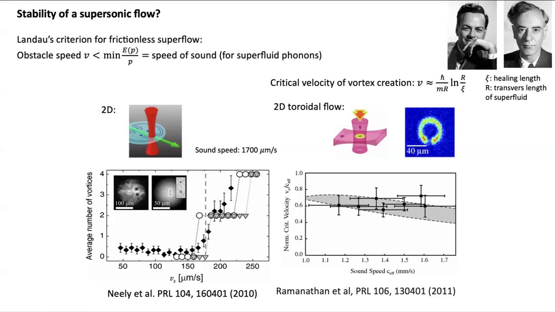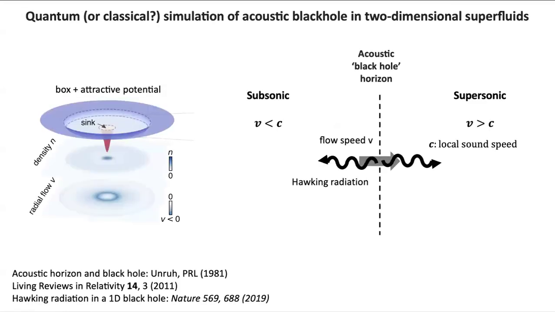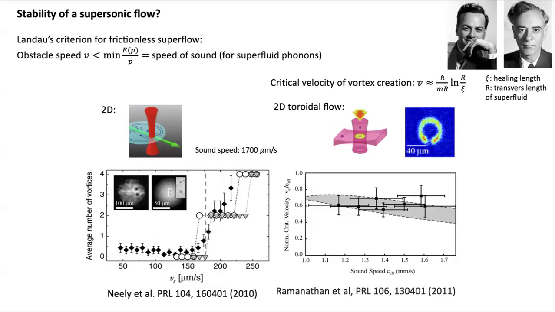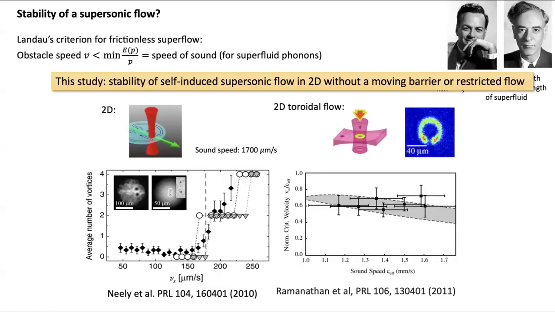So basically, in the construction that I have here, I do not have any obstacle. I just have an attractive potential and everything is self-induced. The supersonic flow is self-induced. In this case, will we also see Landau instability?